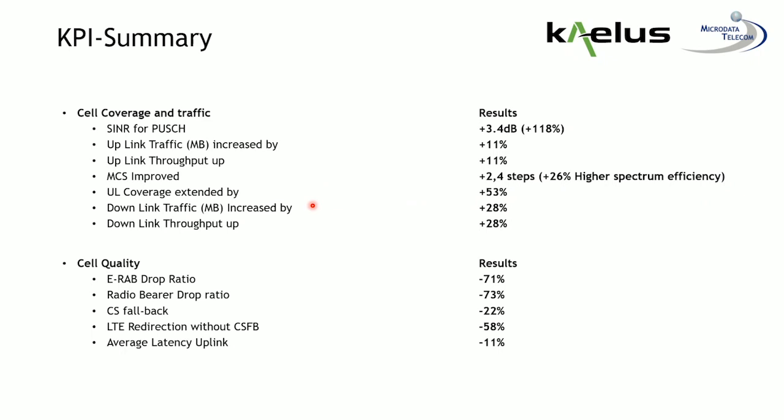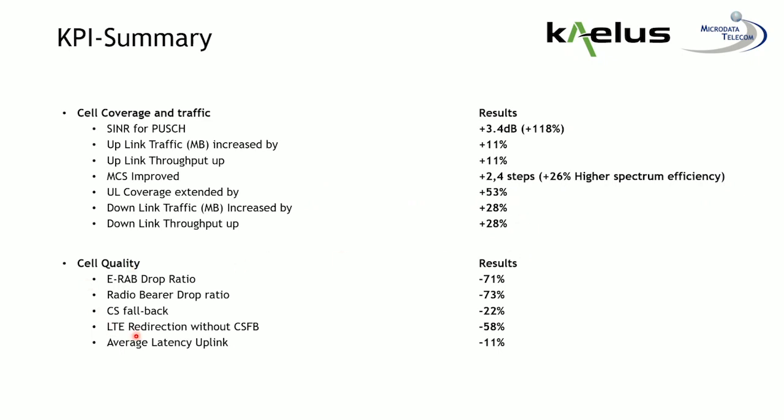Downlink traffic, remember the only thing we have added here is one extra jumper and a slight loss in the TMA. Still, downlink traffic has increased by 28% and also the throughput by 28%. This is normally contradictory, so we have improved the downlink performance with much more than 28%.